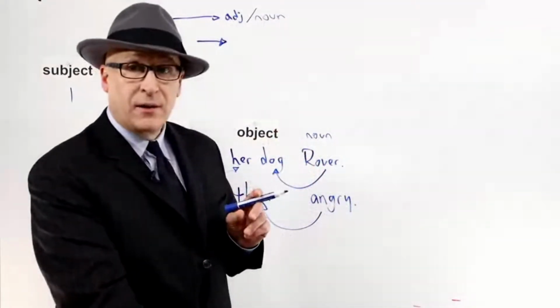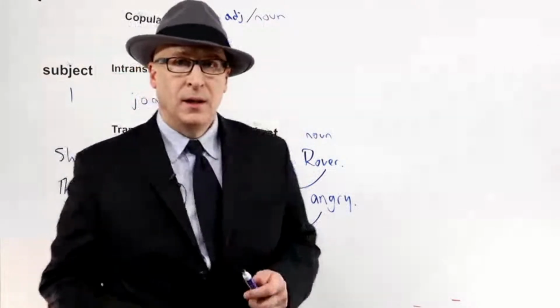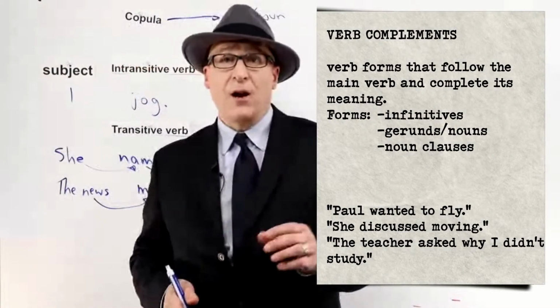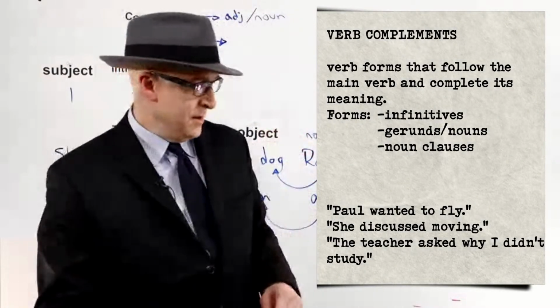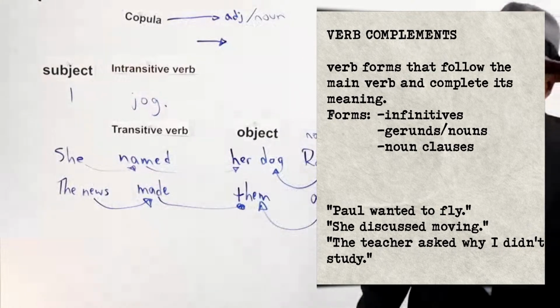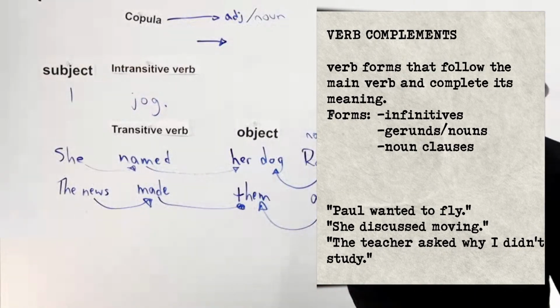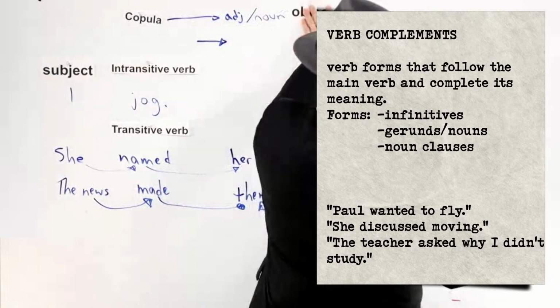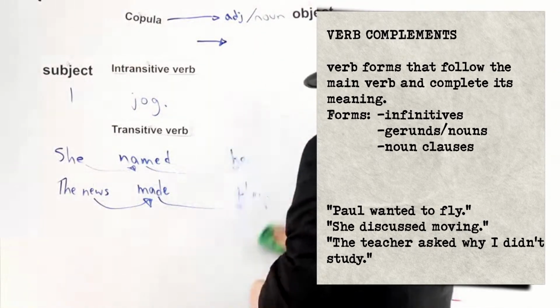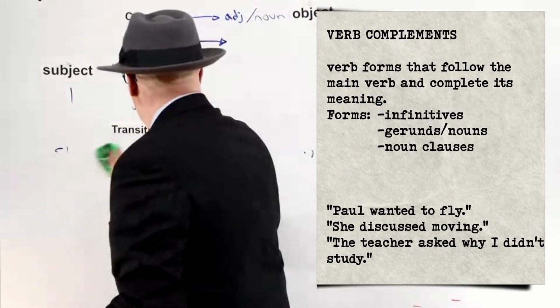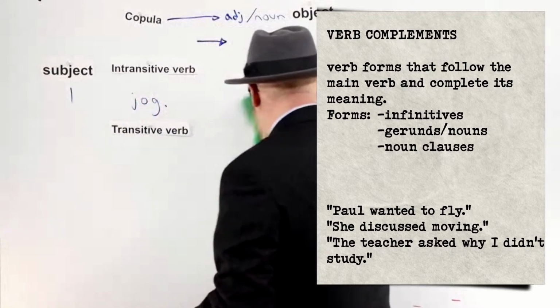Let's look at another example. So these are now verb complements. This is a different kind of thing that can come after the verb. Let me just clear the board again, and we'll talk about this.